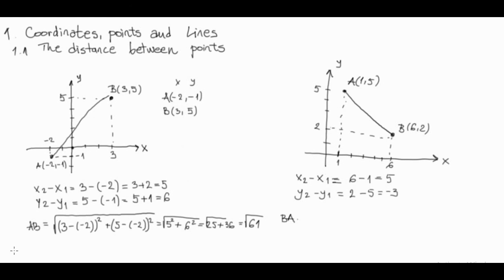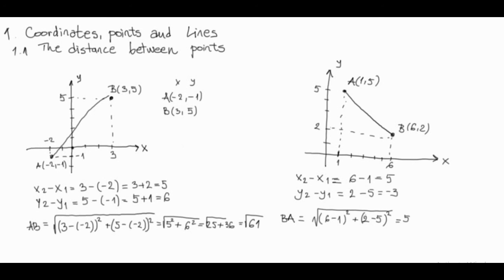So the length of our BA, which is the same as AB, will be x2 minus x1 squared, so 6 minus 1, plus y2 minus y1 squared, and square root.